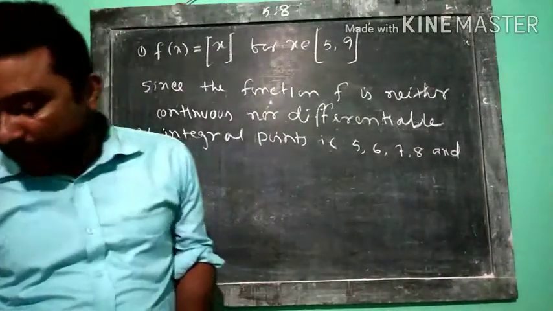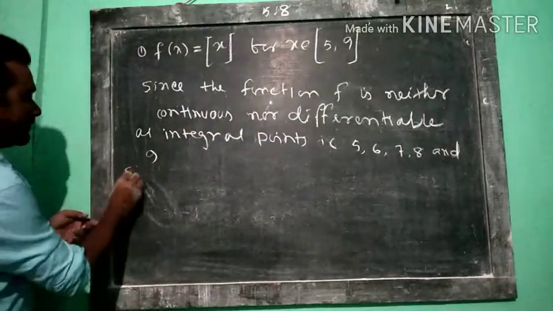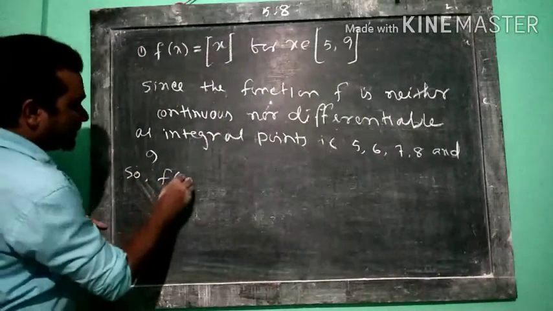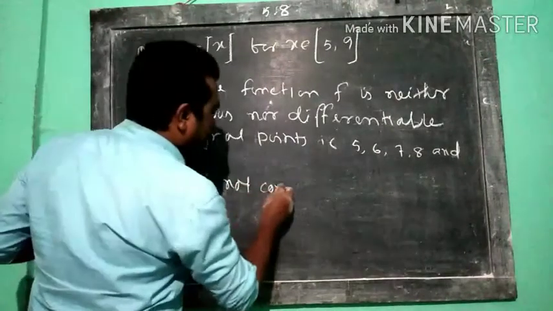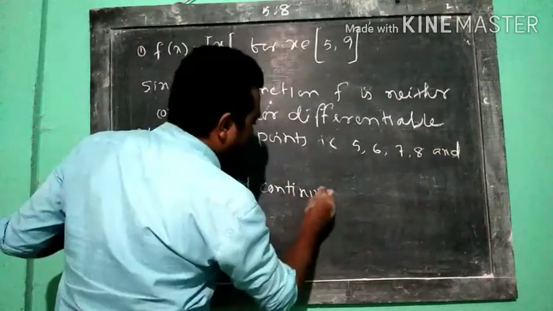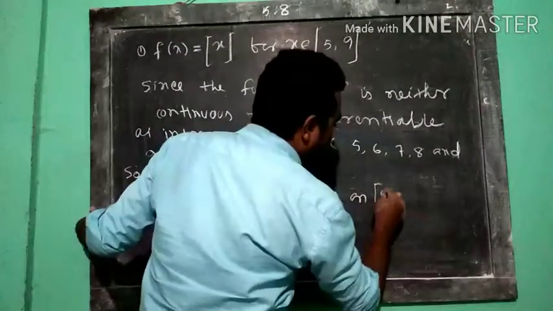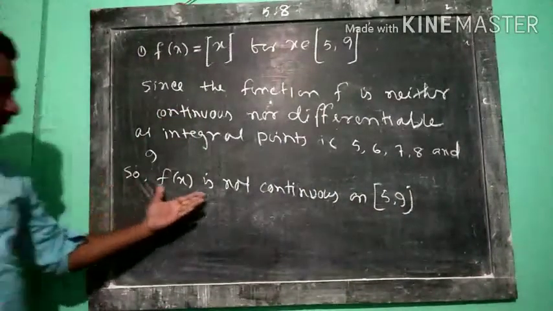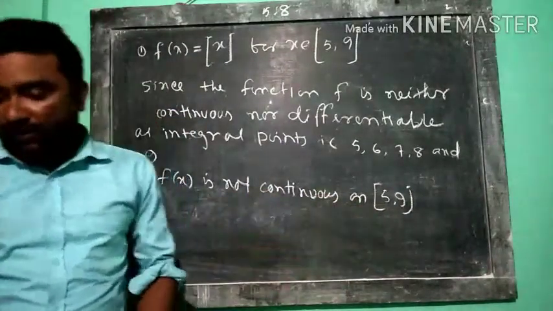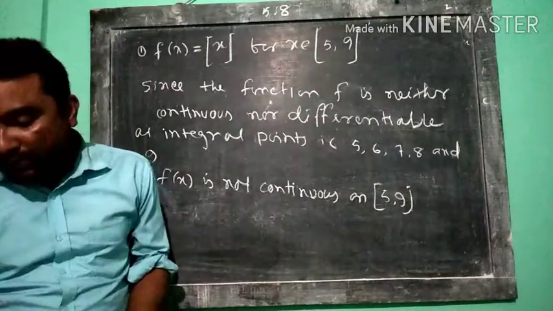So f(x) is not continuous on the closed interval [5, 9].